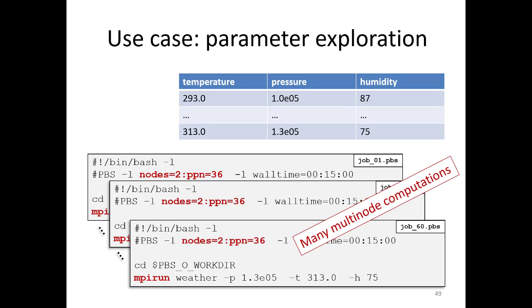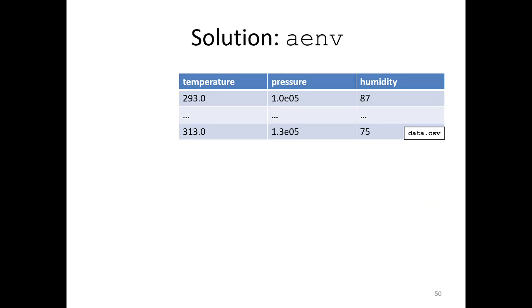So in this case, we have many multi-node computations. The solution, in order to get this done more efficiently from your point of view with respect to bookkeeping, is to use aenv. aenv is part of atools. atools is a suite of commands which is useful in order to deal with this kind of jobs.